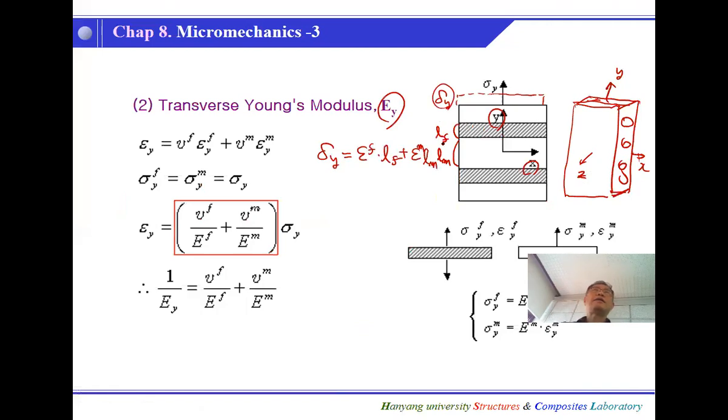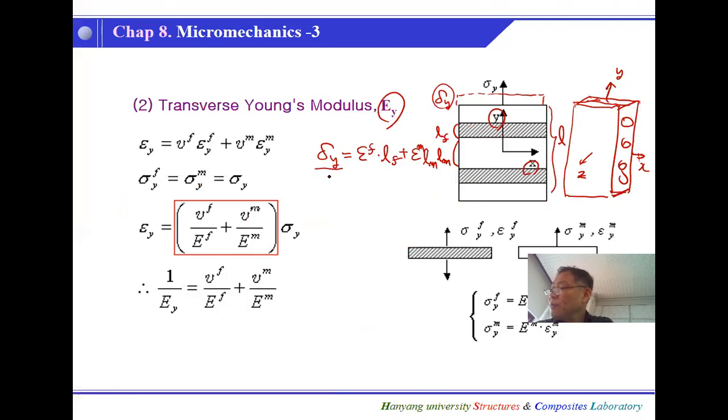This delta will be a result of this fiber deformation and matrix deformation. And let's say we have a total length L.